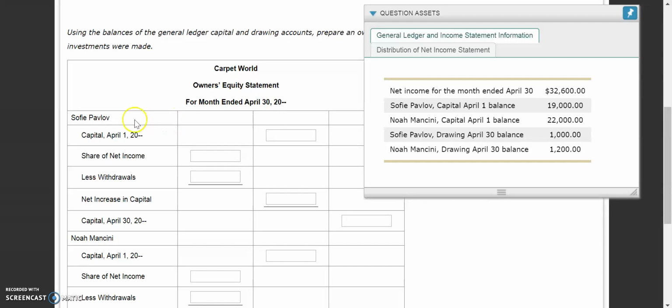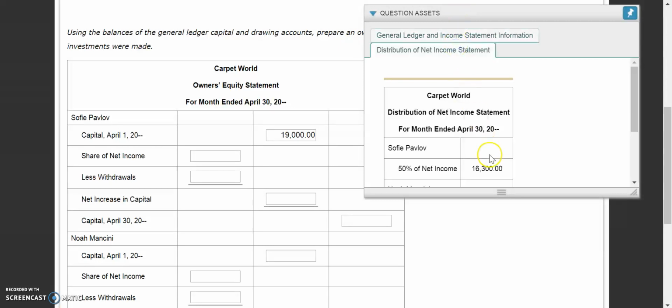So we start with Sophie. Remember again, we list each partner and we start with their capital balance as of April 1st. So her capital balance as of April 1st was $19,000. She did not have any additional investments as it says here. So her share of the net income, remember, was $16,300.